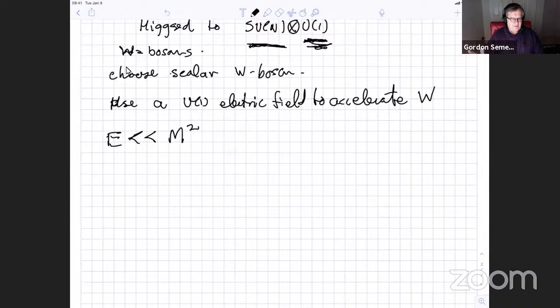So I'll take the space filled with the weak electric field. I will inject my W boson from infinity, traveling at almost the speed of light, and directly into the electric field. So the electric field decelerates it. So it penetrates the space, it goes in and goes in, but decelerates, finally comes to a stop somewhere inside, turns around and accelerates back out to infinity.